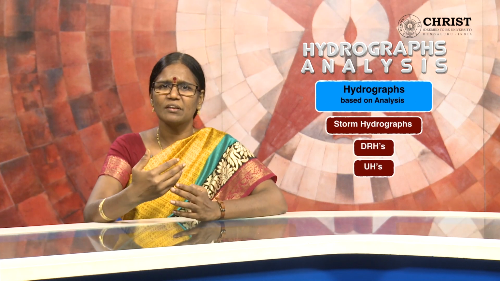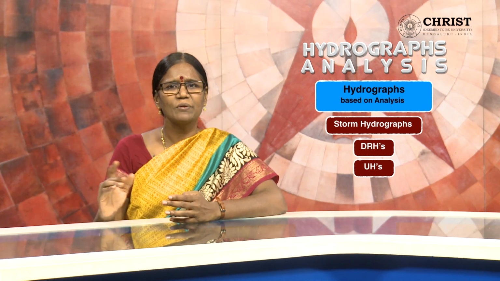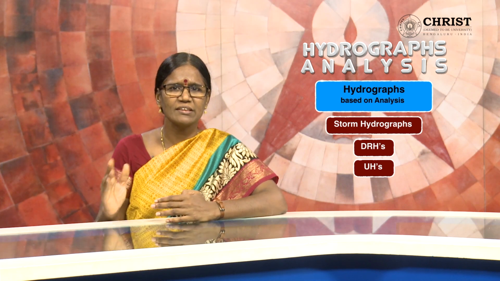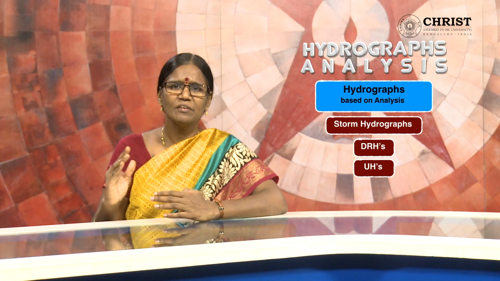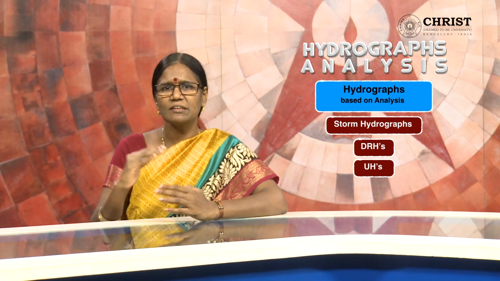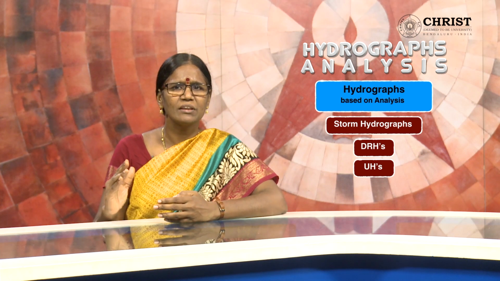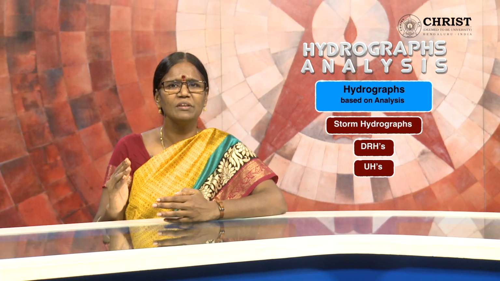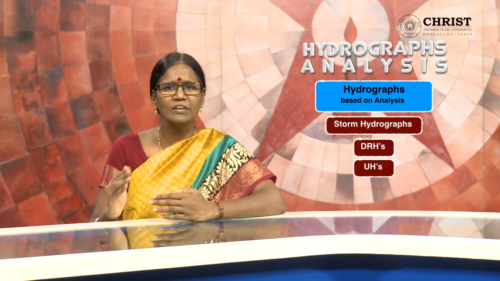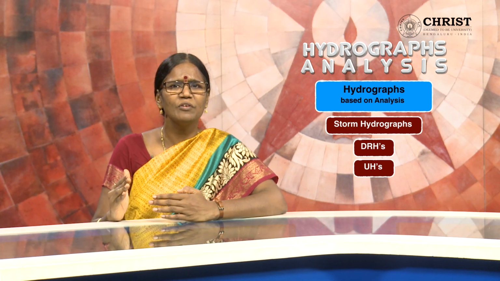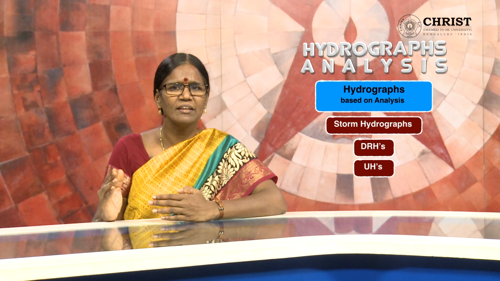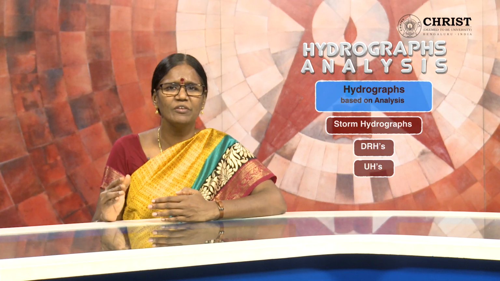Coming to storm hydrographs, while plotting this, we take total discharge including base flow versus time. In case of a direct runoff hydrograph, we consider discharge excluding the base flow. About the unit hydrograph, it is derived from the storm hydrograph resulting from a unit depth of rainfall excess or effective rainfall, we say, occurring uniformly over a catchment area and at a uniform rate for a specified period.